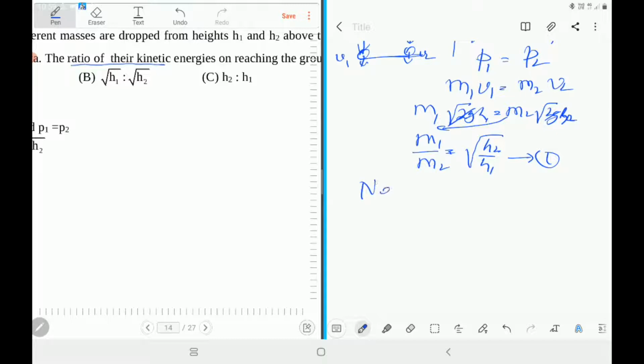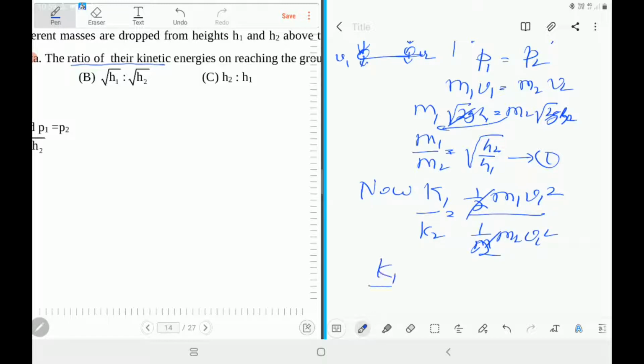Now, what is the kinetic energy ratio? He wants you to find kinetic energy 1 to kinetic energy 2. What's kinetic energy? Half m1 v1 squared over half m2 v2 squared. Half cancels.